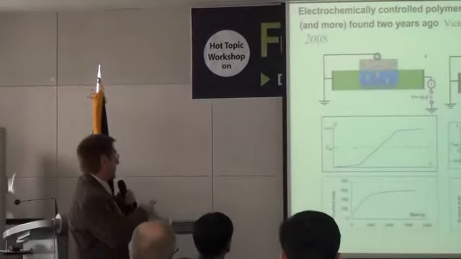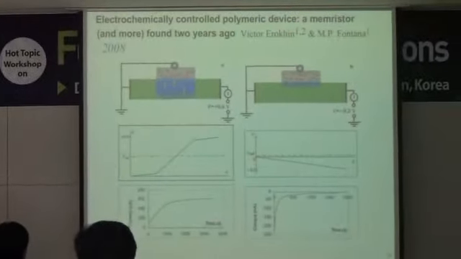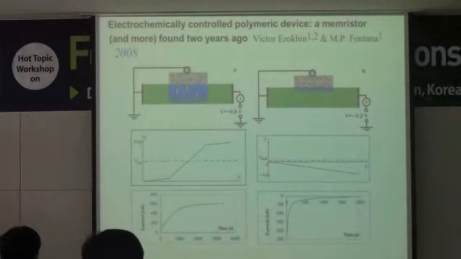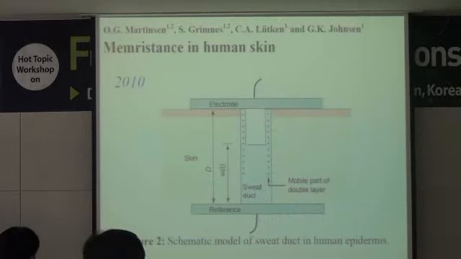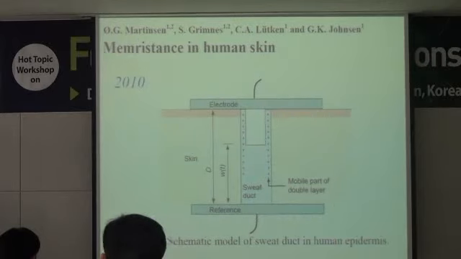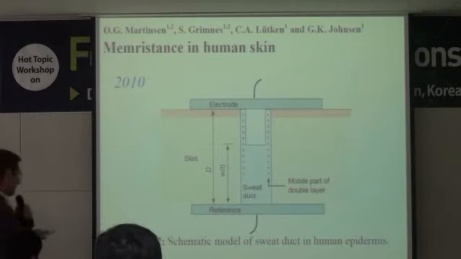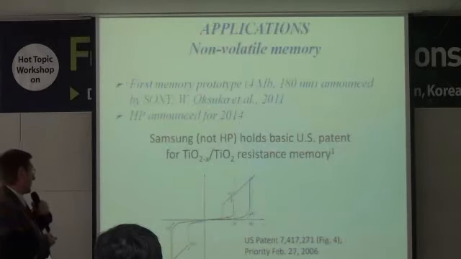In this paper they found a memristor in polymeric material. In this paper they found a memristor in skin. Another paper shows we also have memristors in blood. Now we are finding memristors really everywhere.